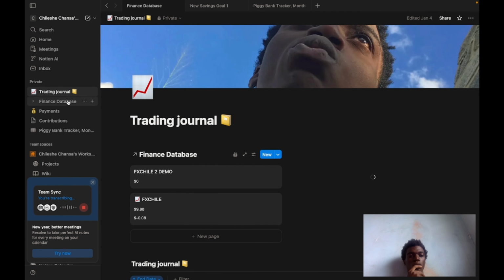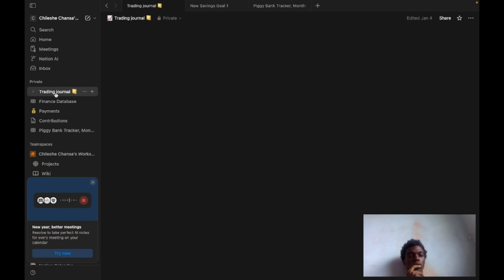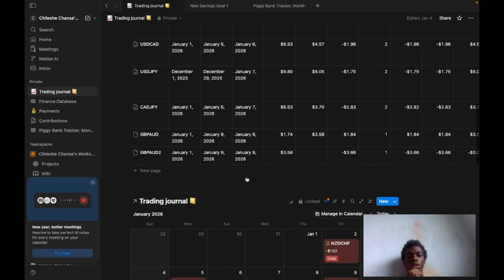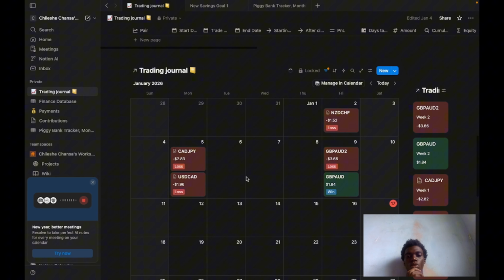So I have to add the balance which I've started with. Account balance is just 10. And yeah, this is the account, and this is how it looks. This is the journal.